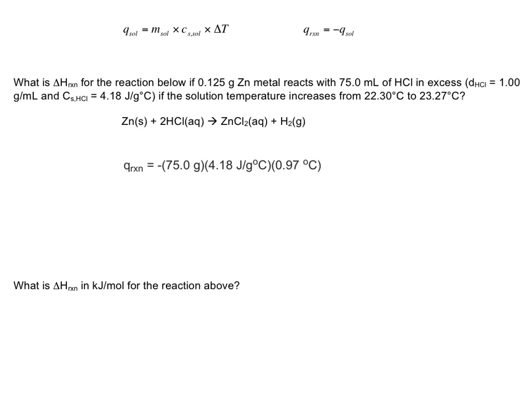Then times the specific heat capacity for water, or for HCl, but it's the same as water, which is 4.18 joules per gram degree Celsius, times the change in temperature. And if our final temperature is 23.27, our initial temperature is 22.30, that gives us a temperature change of 0.97 degrees Celsius. All right, so then we can just multiply those numbers out, and we get the Q for the reaction is negative 304 joules.